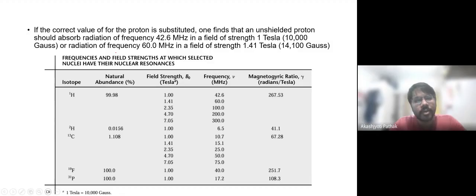If the correct value for the proton is substituted, one finds that an unshielded proton should absorb radiation of frequency 42.6 megahertz in a field of strength 1 Tesla, or radiation of frequency 60 megahertz in a field of strength 1.4 Tesla.